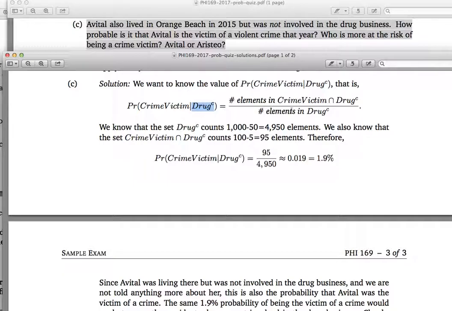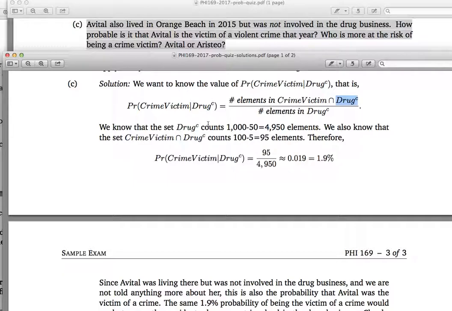So we apply the normal definition of conditional probability. That's equivalent to the number of elements in the set crime victim intersection drug complement, because that's what's different. And then we divide everything by the number of elements in drug complement.